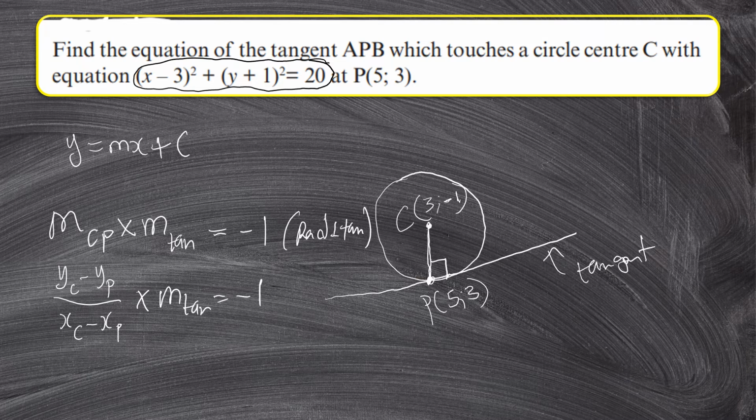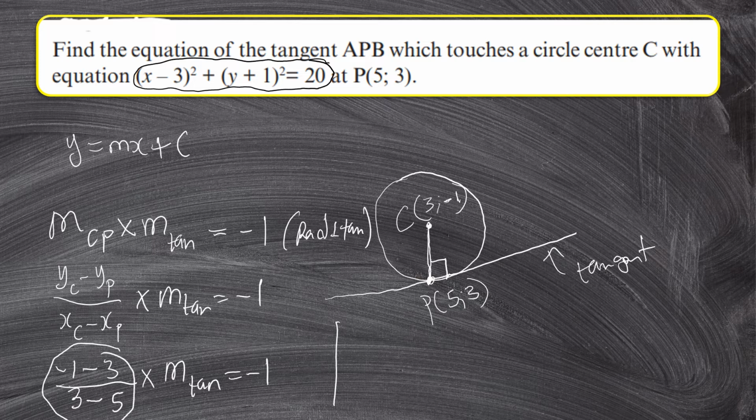Let's substitute. y at C is -1 minus y at P, which is 3, over x at C, which is 3, minus x at P, which is 5, multiplied by the gradient of the tangent, equals -1. We can simplify: -1 minus 3 is -4, and 3 minus 5 is -2. So -4 over -2 gives us +2.